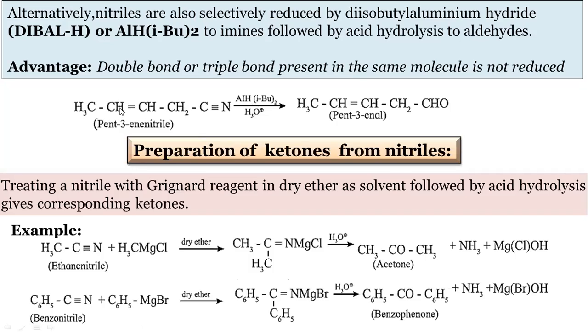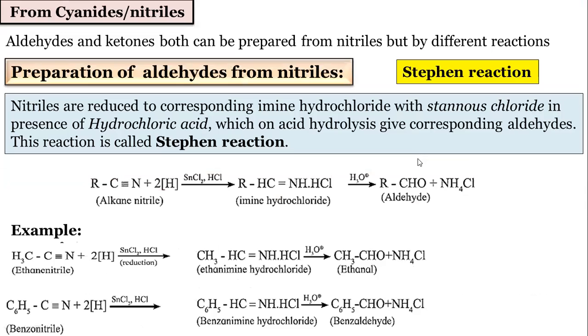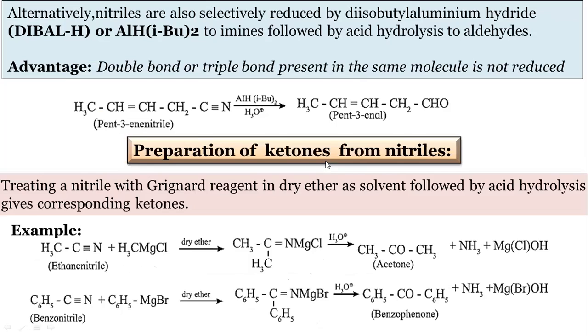See, CH3CH=CHCH2, and this cyanide is reduced to aldehyde. So this is another reagent, DIBAL-H, besides stannous chloride and HCl. This is the preparation of aldehydes by using nitriles. Now, how are ketones prepared by using nitriles?